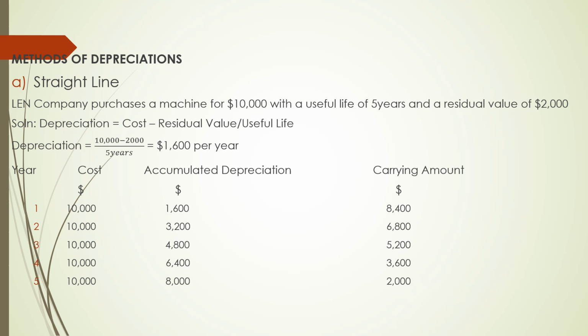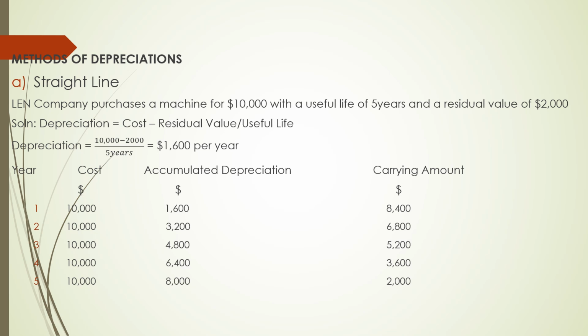So I saw it necessary that we do a recap of how to calculate depreciation under these three methods. Using the straight line method, I have a question here that I want us to go through, to be able to appreciate how to work out depreciation using the straight line method.